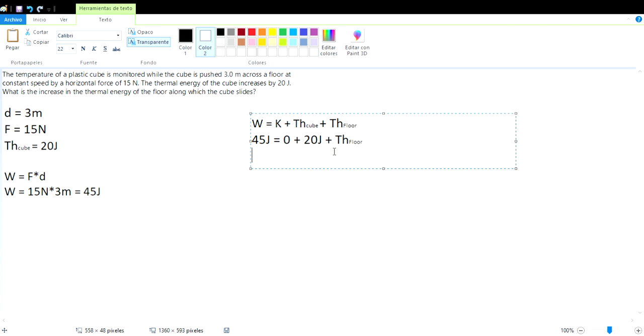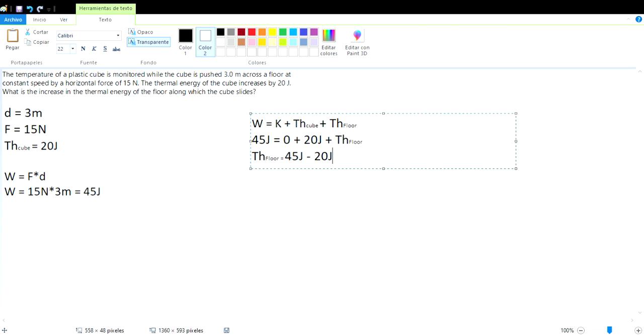So we change the variables here, and we have that the thermal energy of the floor is equal to the whole work in this displacement minus the difference of the thermal energy of the cube.